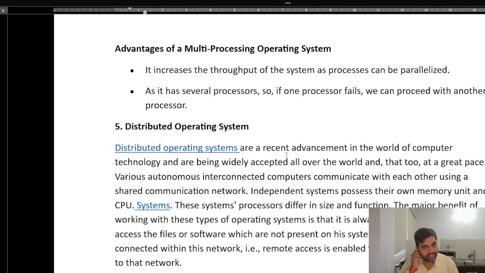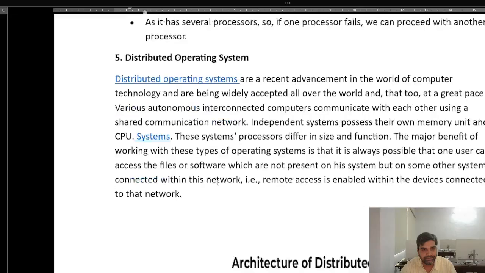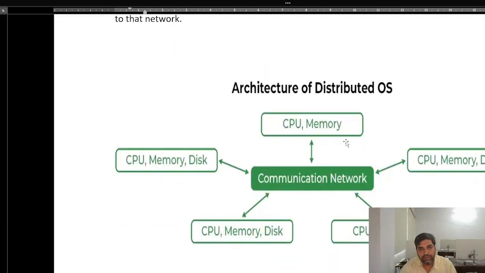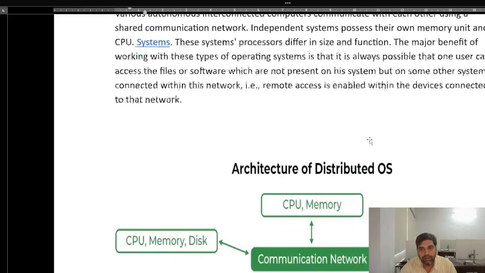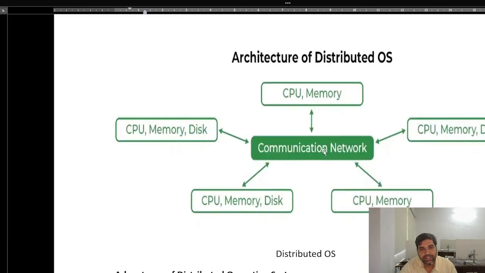Now, distributed operating system. This is an advancement in the world of computer technology and is being widely accepted all over the world. These are growing at a great pace, with various autonomous and interconnected computers communicating with each other using a shared communication network. So in this communication network, this is the CPU and memory, this is the CPU and memory, this is the CPU and memory.